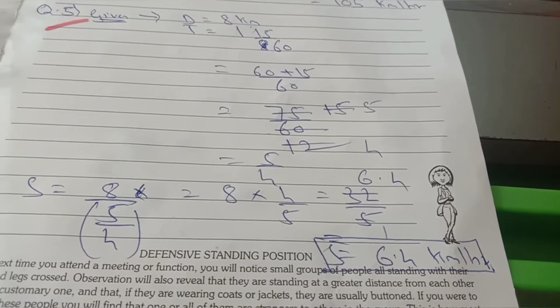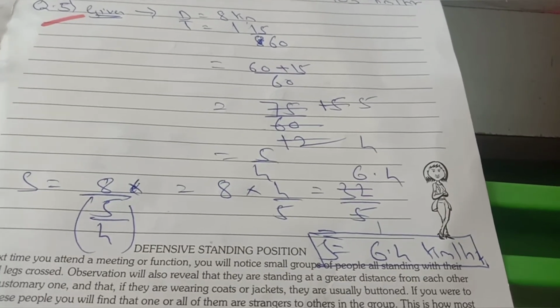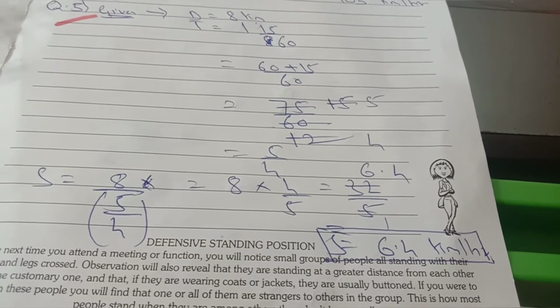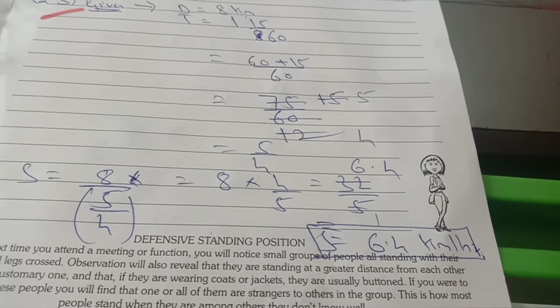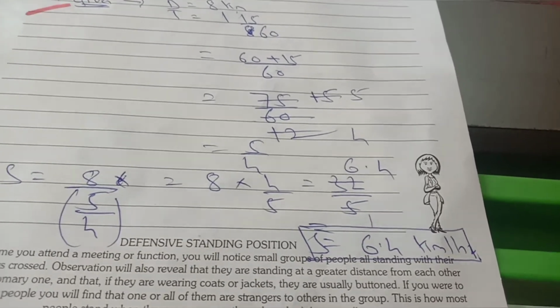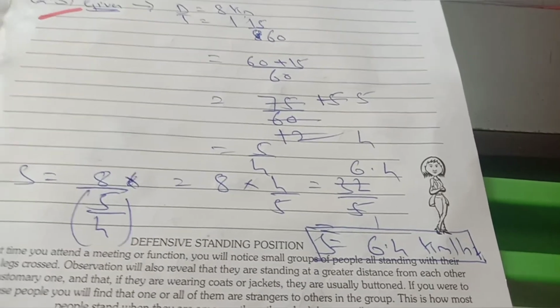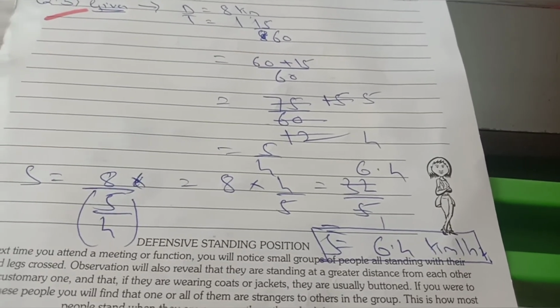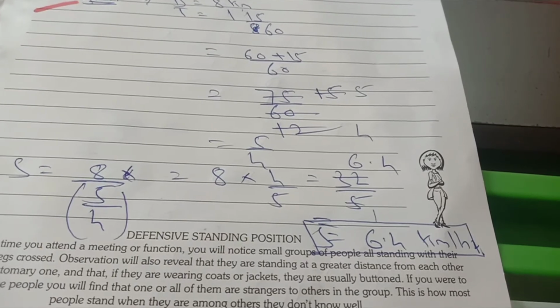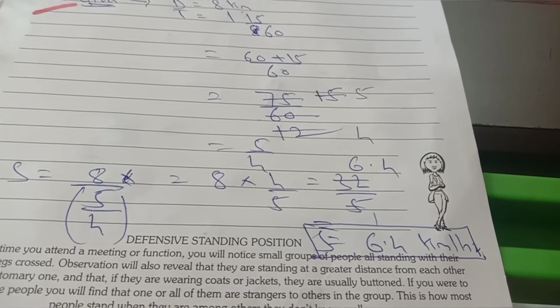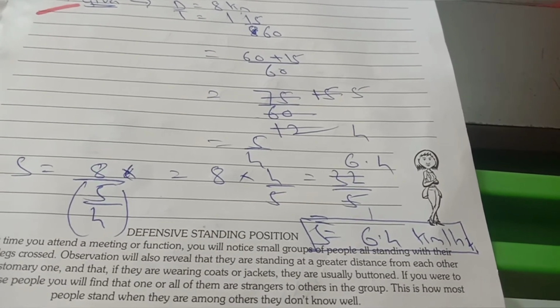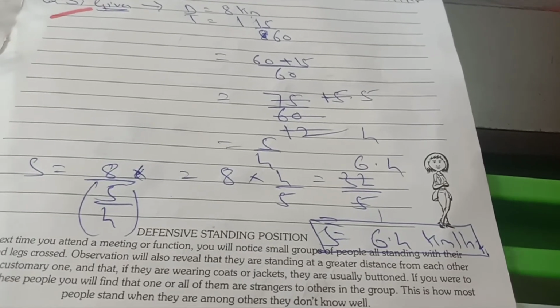So that becomes 60 plus 15 upon 60 which is nothing but 75 upon 60. When you reduce to the lowest term you get 5 upon 4. So now speed is distance upon time which is 8 upon 5 upon 4, which is nothing but 8 into 4 upon 5, which is 6.4 kilometer per hour.